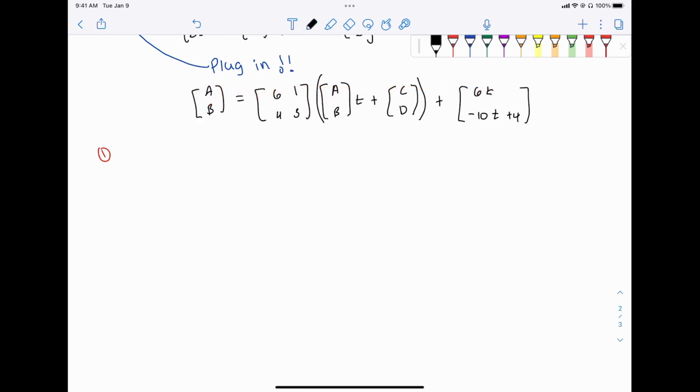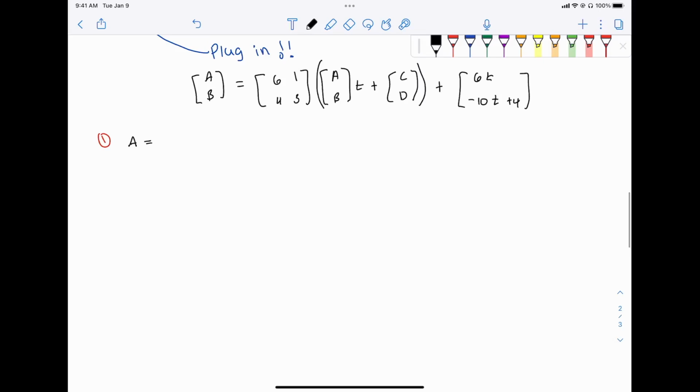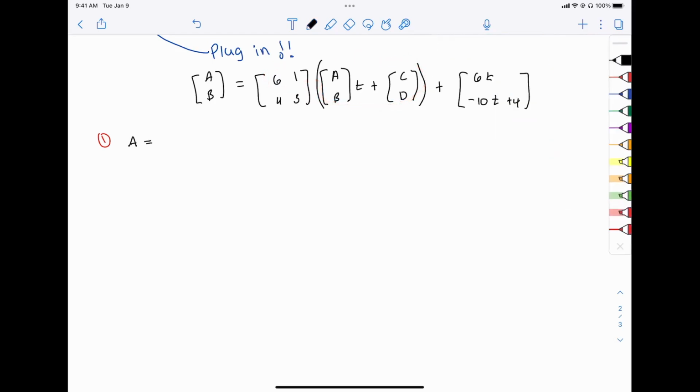So firstly, we'll see that a equals, okay, and now we need to multiply out this here. And we do that by simply writing 6 times a plus 1 times b, and that's going to be with our t's.